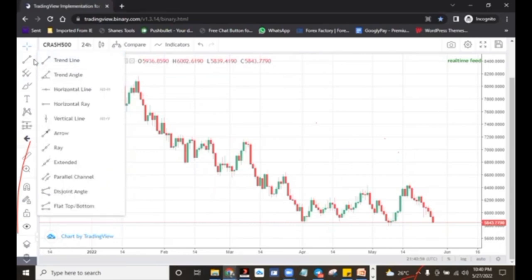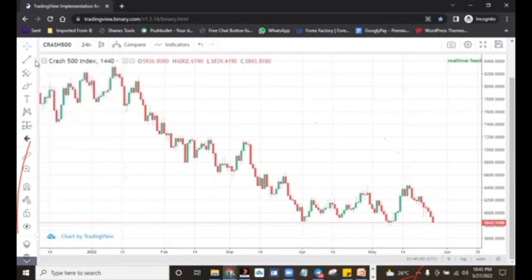If you come to your TradingView here, all these things are going to be quite different on MT5. That is why you're going to watch another video that puts you through MT5. For those who have a PC, you can also use this on your phone, but your screen is going to be a bit small. Your MT5 is going to be perfect, especially for phone users.